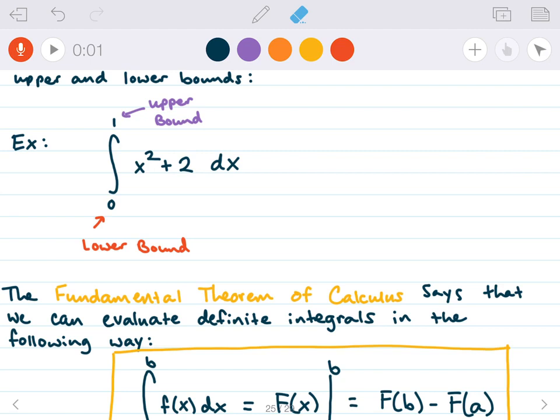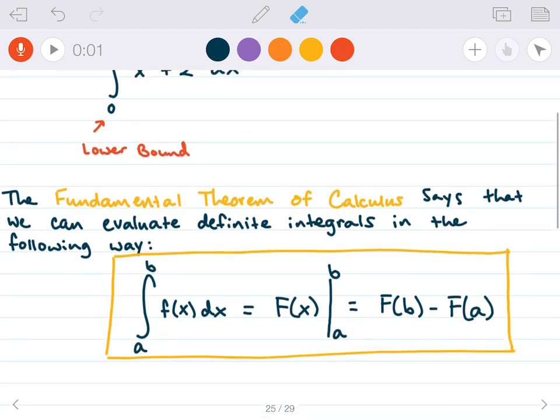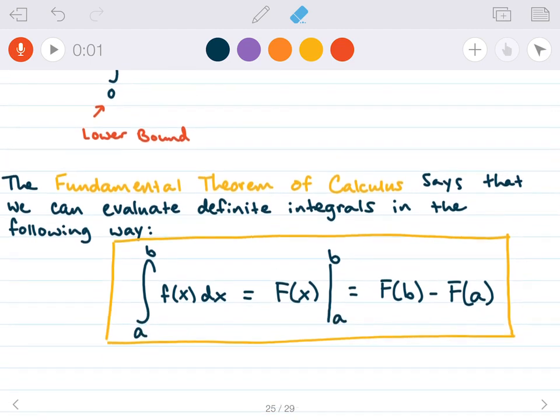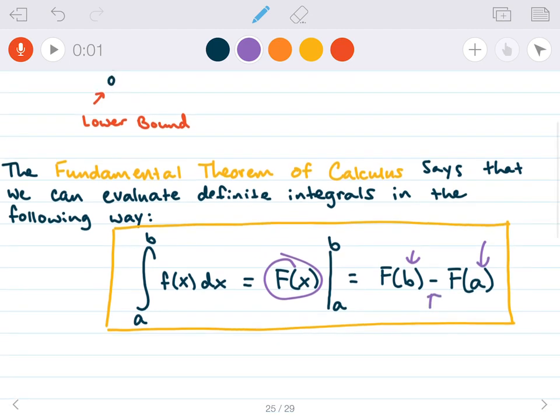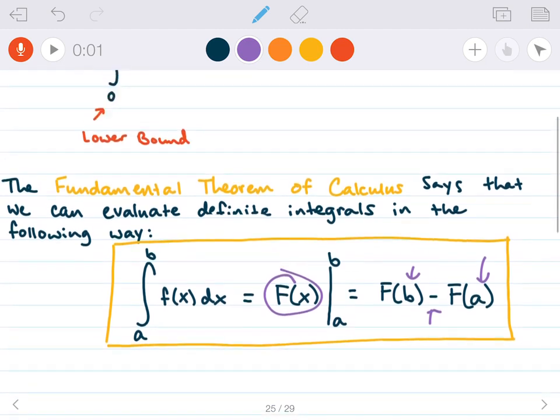So the fundamental theorem of calculus says that this is the way that we can evaluate definite integrals. Basically we find the antiderivative, and then we plug in our upper and lower bounds into that and subtract them. Okay, so that's how we do this. The fundamental theorem is pretty important, right? So let's go ahead and do a bunch of examples with this.